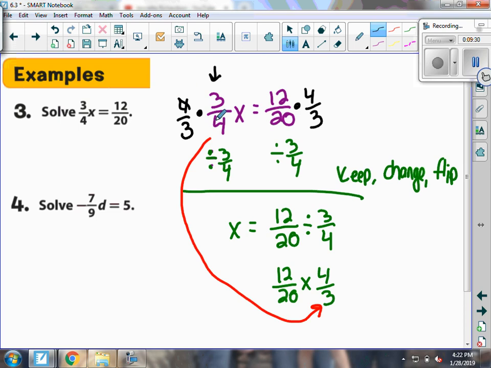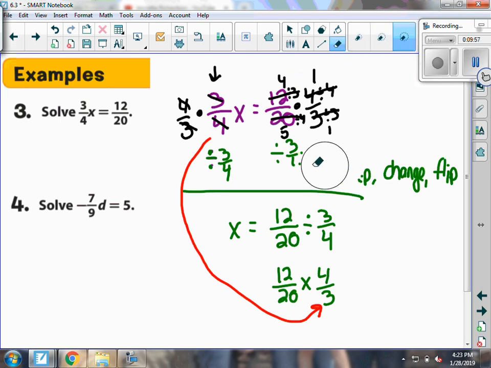So that 4 and that 4 cancel out, that 3 and that 3 cancel out. Okay. I can cross reduce here. So this can be divided by 4, and this can be divided by 4. So 4 divided by 4 is 1. 20 divided by 4 is 5. This can be divided by 3, and this can be divided by 3. 3 divided by 3 is 1, and 12 divided by 3 is 4.